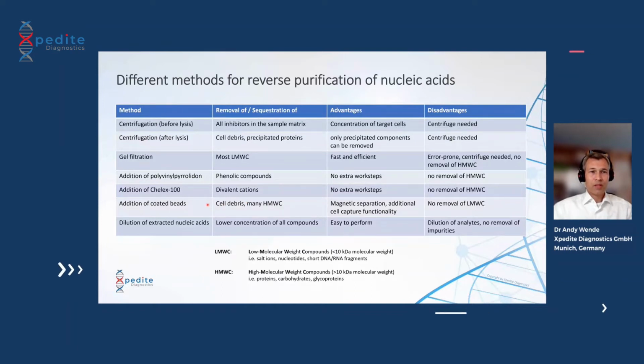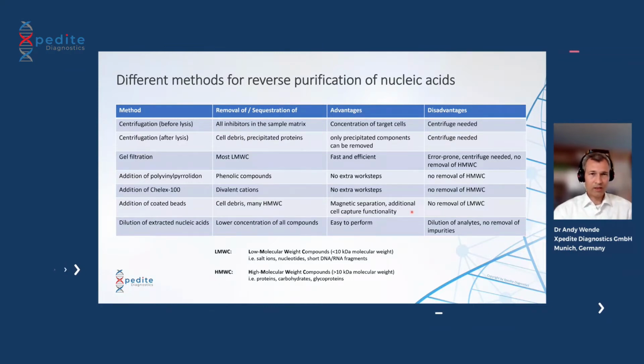Then there is the addition of certain beads with a certain coating, which is also part of our products. By that, you can remove cell debris and most of the high molecular weight compounds. So these beads bind proteins and carbohydrates. So they don't bind nucleic acids, but the impurities. That's why it's a reverse purification again. The advantage is you can operate without centrifuge.